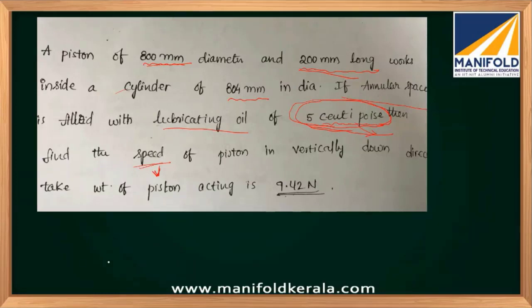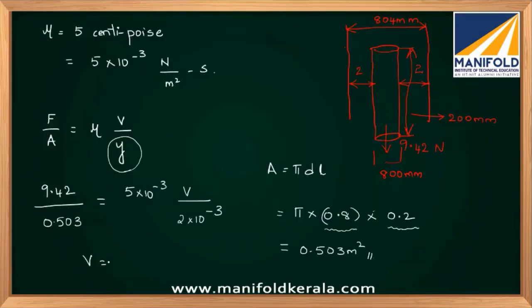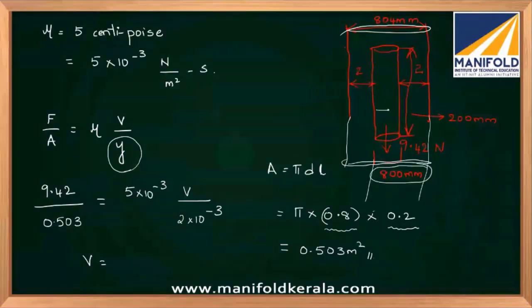This is the data. With this data, I have drawn a diagram. This is the cylinder, inside which there is a piston of 800 mm diameter. This is the diameter of the piston, 800 mm. The cylinder diameter is around 804, so there is 2 mm of gap from this end.